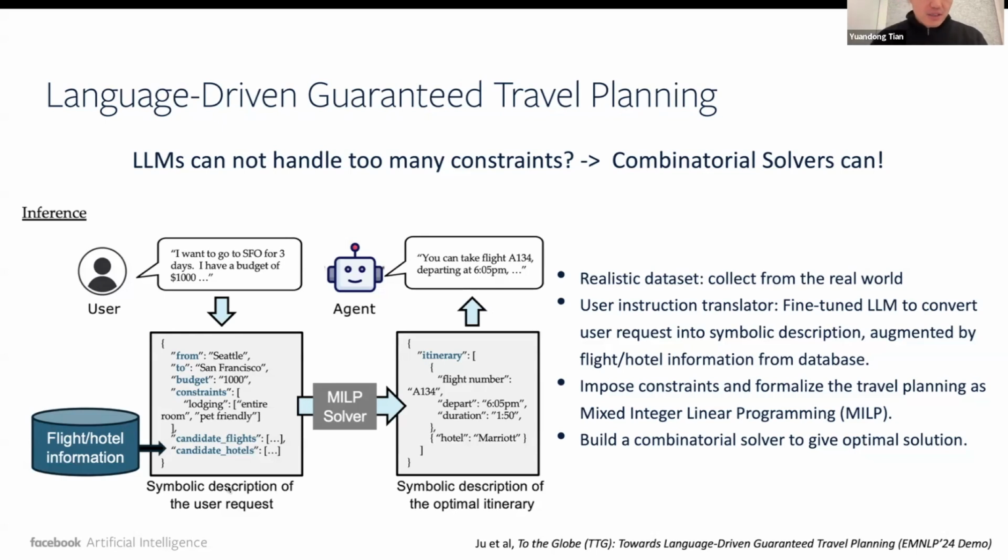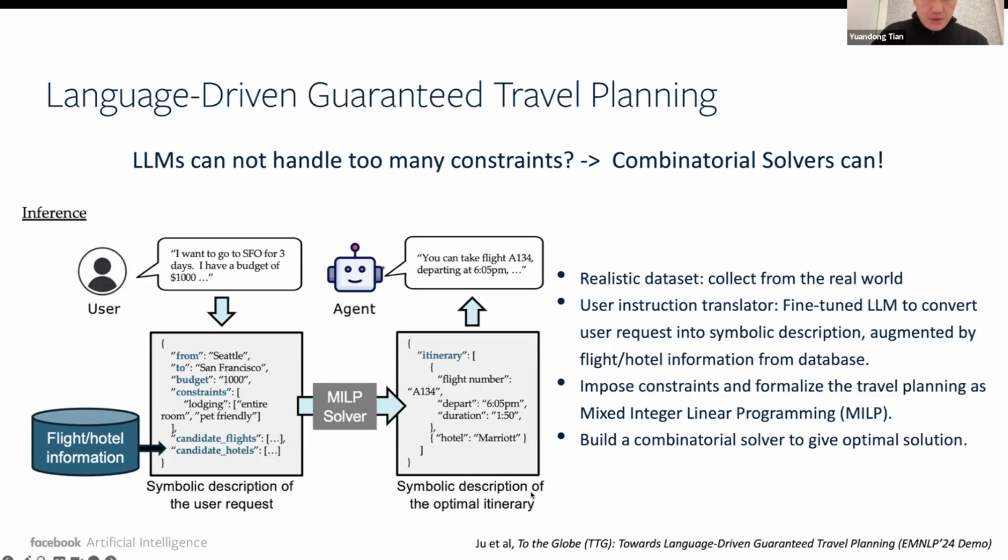And we give this JSON file as well as flight and hotel information to a mixed integer linear programming, MILP, solver, to solve this combinatorial optimization problem. And this will give you a symbolic description of the optimal itinerary.